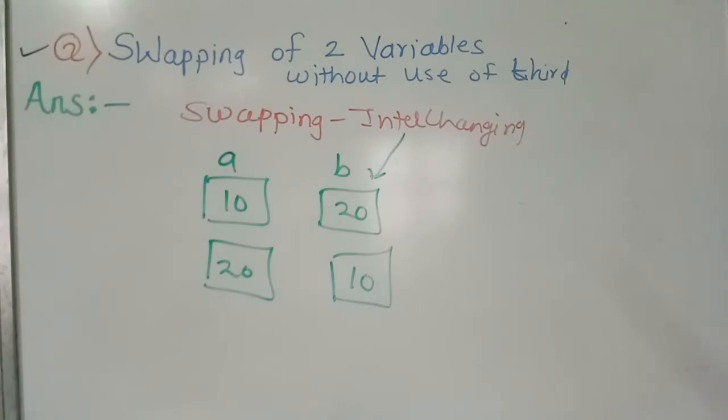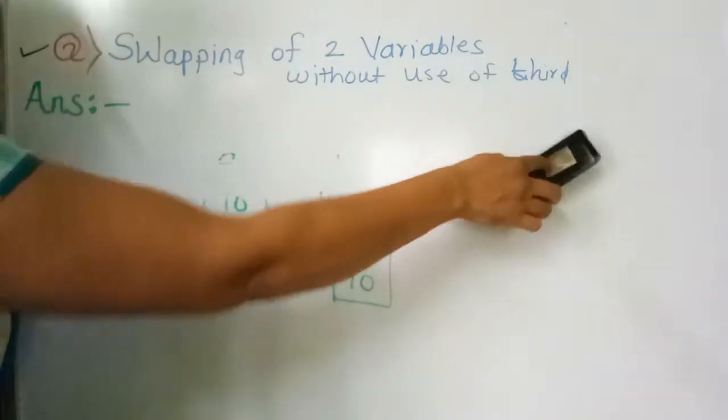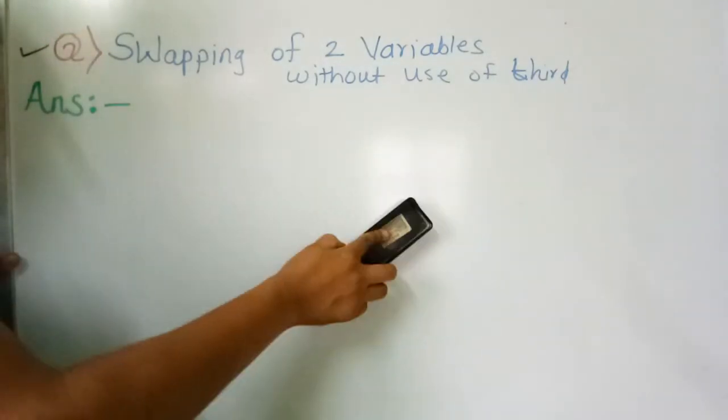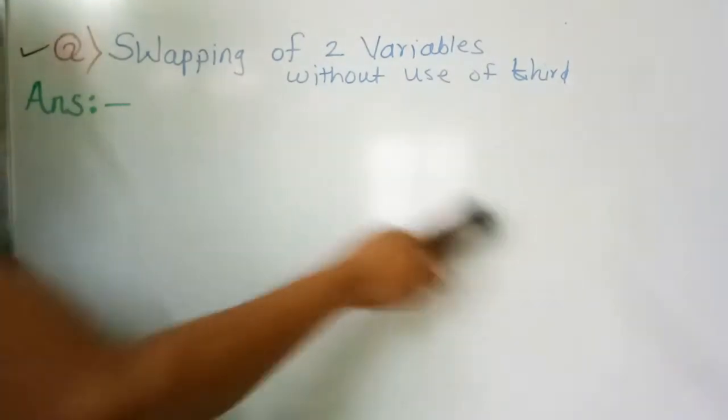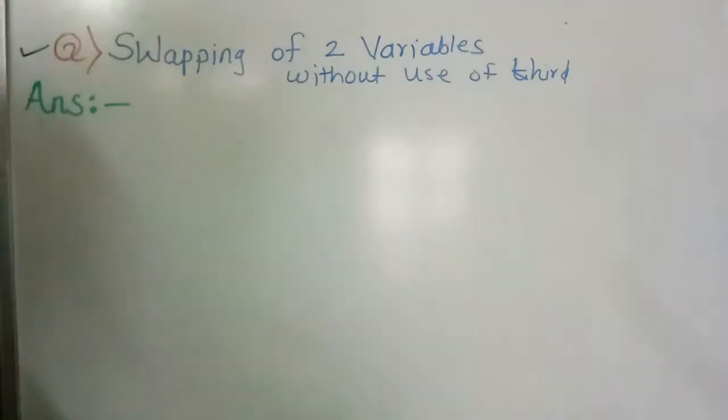Means A becomes like this and B becomes like this. But actually our task is how to convert it into different values with the help of the programming statements. So for that we will start with a C language program and try to convert this problem statement into a program.